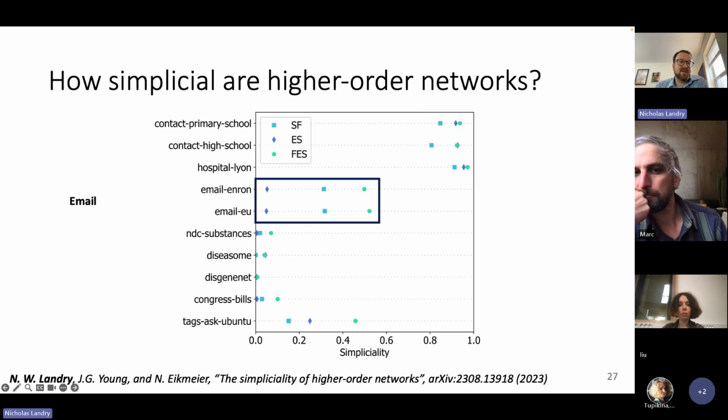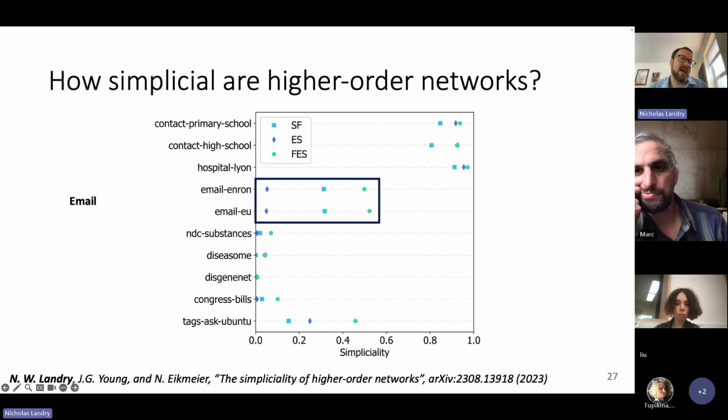In addition, the email is a super interesting example. It turns out to be, when you measure it with the simplicial fraction, it's actually highly simplicial. But when you measure it with the edit simpliciality, it's actually not so much. And so what's going on there is I kind of mentioned there's some biases that are introduced when we've got super large edges because you need a combinatorially large number of subfaces.